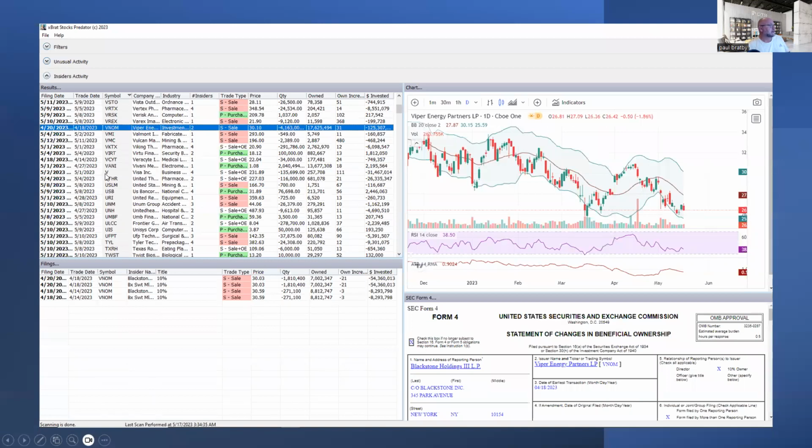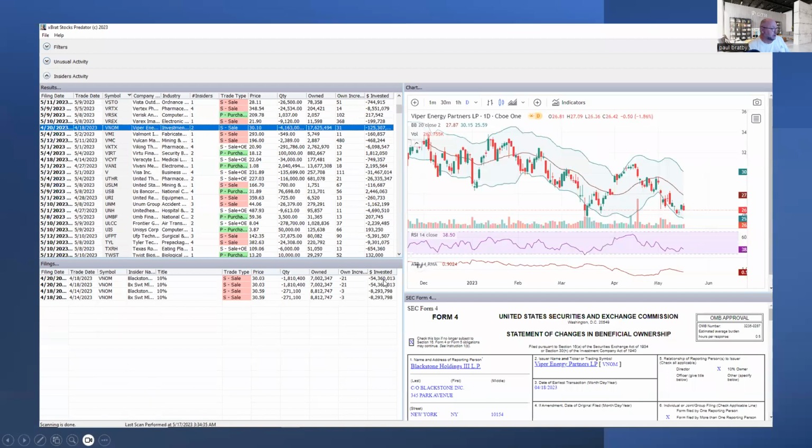Then those insider activities can be produced in a list live from the scanner. In this case, I've highlighted VNOM, and when we break that down, we can see two different people sold.